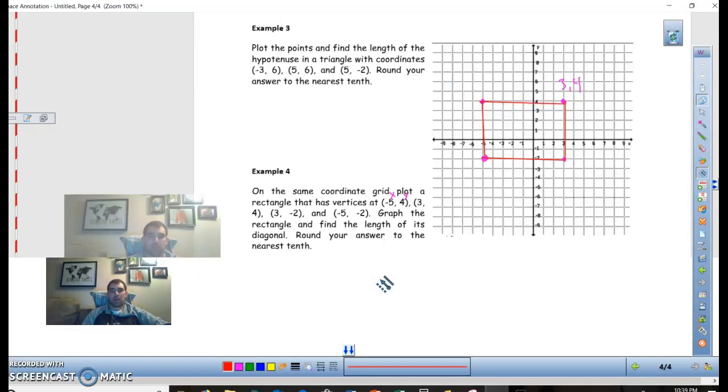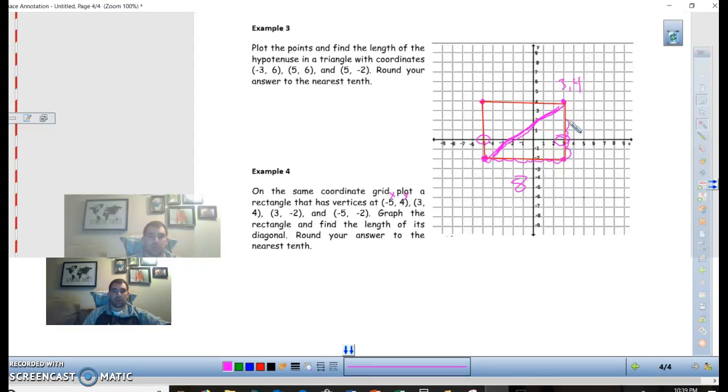Now, what you need to do, there will be a question on this, is use your Pythagorean theorem to find this diagonal. You can either use the top triangle or the bottom triangle. So what is this leg? Well, we went from -5 to 3, so 8 again. 1, 2, 3, 4, 5, 6, 7, 8 units.